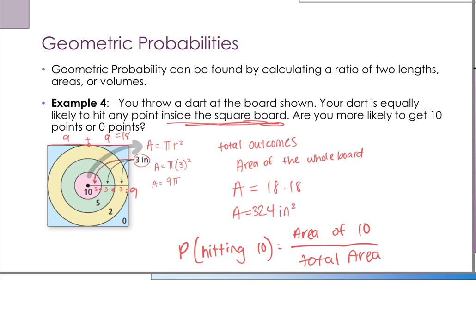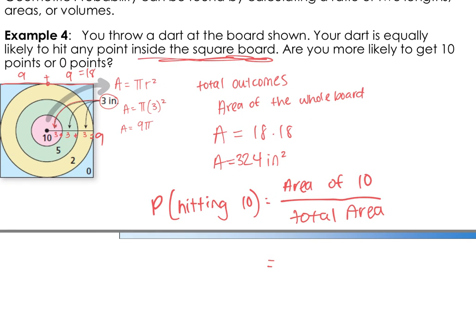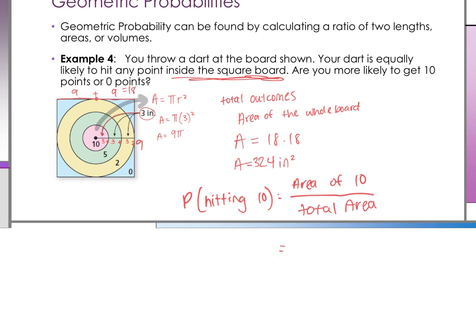We calculated the area of hitting a 10. What was it? It was that pink circle, right, which calculated to 9 pi. So if we do 9 times pi, it's about 28.3, and then we're dividing it by the total area, which is 324. So plug in 9 pi divided by 324, and you should get about 0.087.